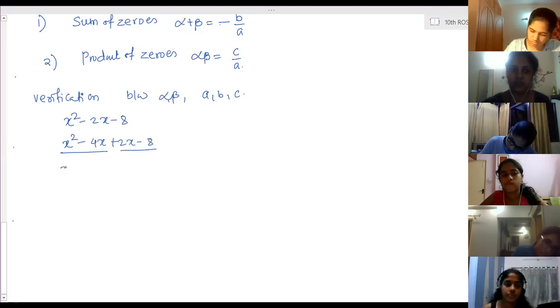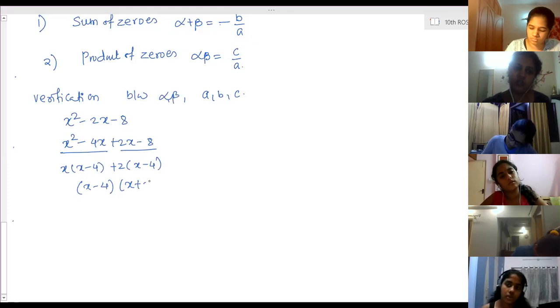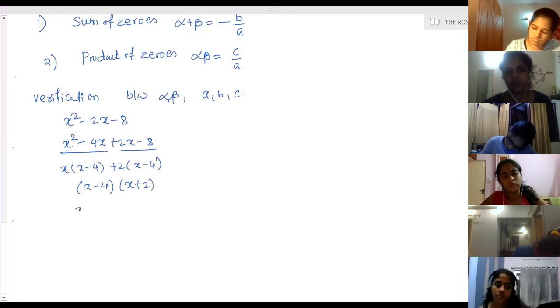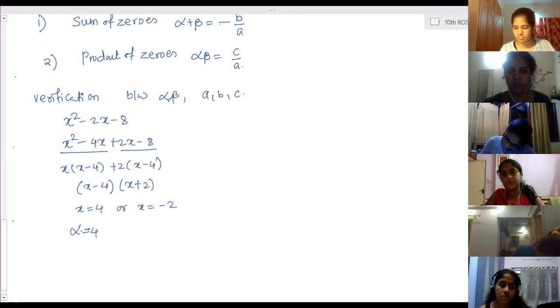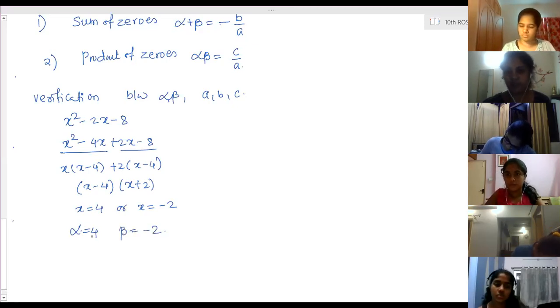Taking these two separately: x into x minus 4 plus 2 into x minus 4. So x minus 4 into x plus 2. Find the value of x by equating it to 0. x is equal to 4 or x is equal to minus 2. So alpha is equal to 4, beta is equal to minus 2.